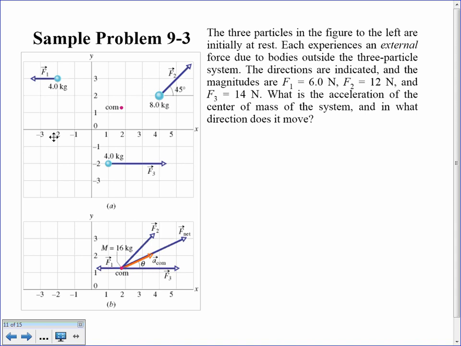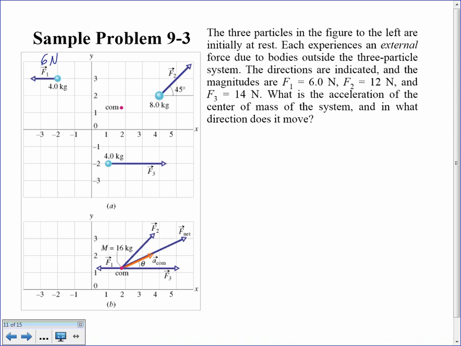Here we have three particles, and each one has a force acting on it, and we have the center of mass given in the problem. But we can go through and we can find the net force on this system, and we can use it to find the acceleration of the center of mass of the system. And so we have force 1, which is 6 newtons.